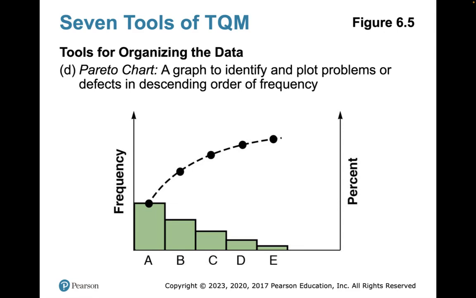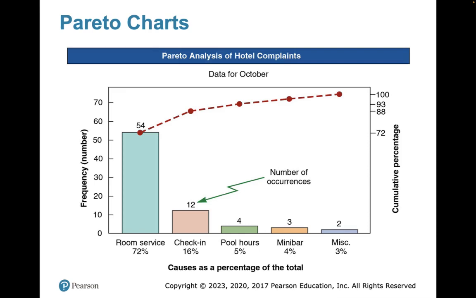So again, this is just a graph to see what it looks like. We will, of course, apply it a little bit more thoroughly in our labs. But for now, here's an example where we're going to take all of the hotel complaints we had in the month of October, and we're going to apply a Pareto chart, and recognize that, for instance, we had 54 complaints, challenges with room service. 12 people were complaining about check-ins.